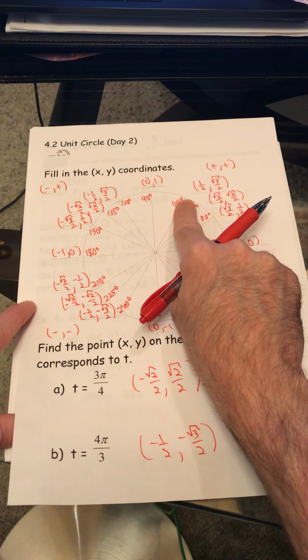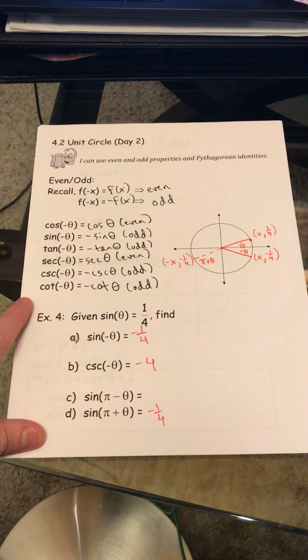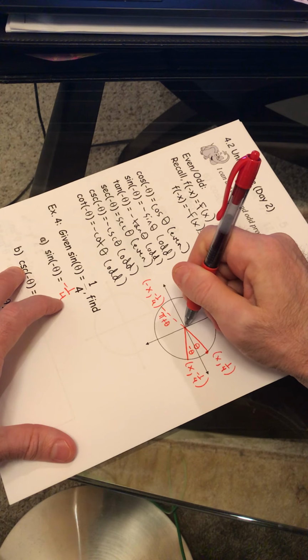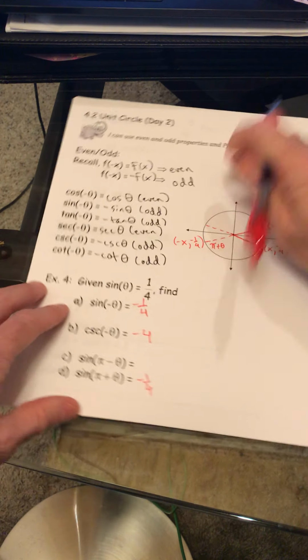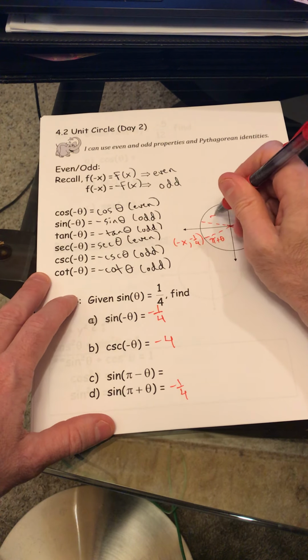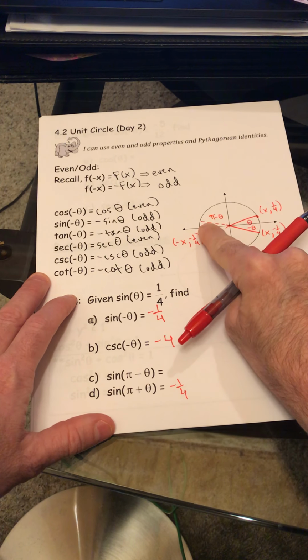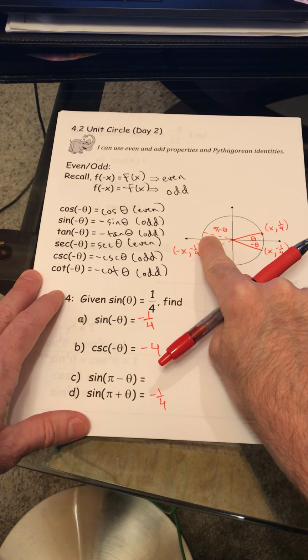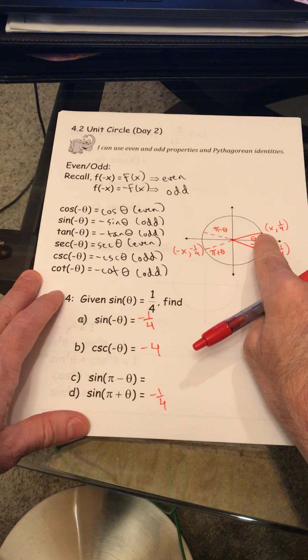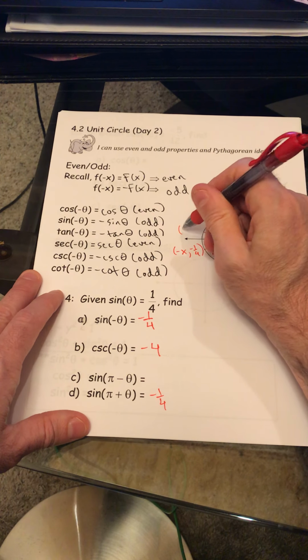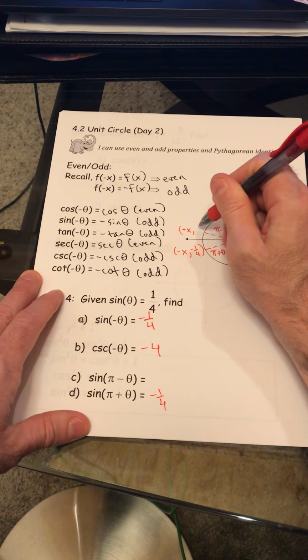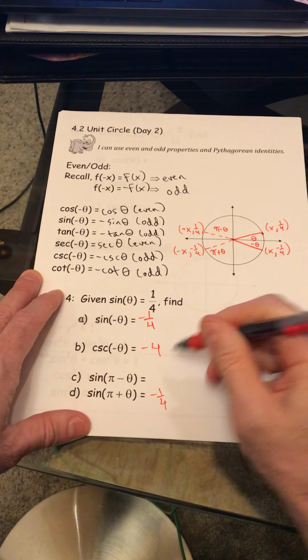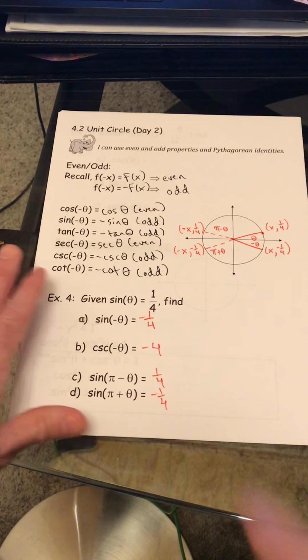Another easy one to look at, 60 and 120, they are directly across from each other. So pi minus theta is right here. As far as the coordinates there, x is still negative. Y, though, is positive 1/4.